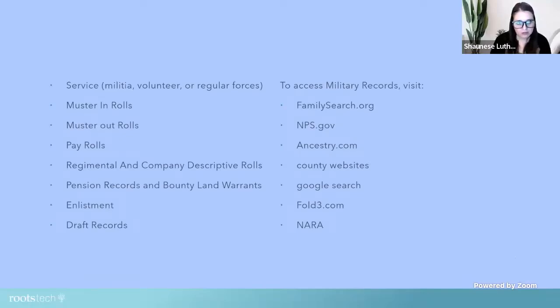We have the payrolls, the regimental and company descriptive rolls, pension records and bounty land warrants, enlistment records, and draft records. You can access these on FamilySearch.org, NPS.gov, Ancestry.com, county websites, Google search, Fold3, and the National Archives. If you're working in the Civil War era, the NPS is really good for that too.